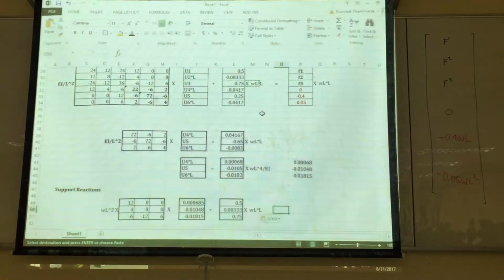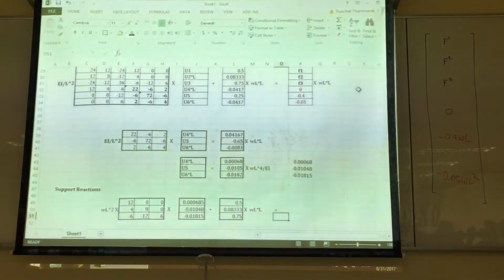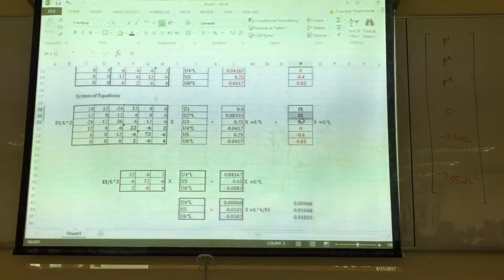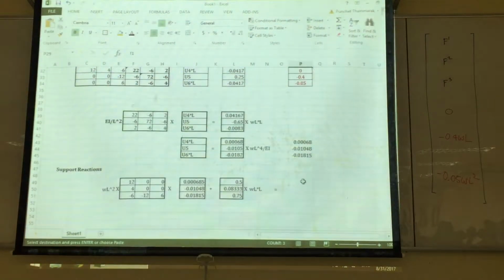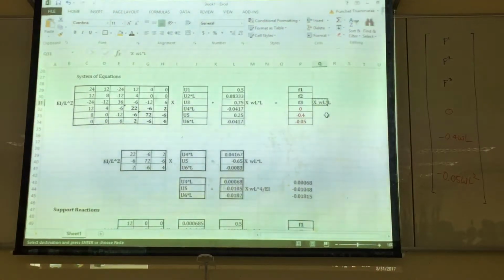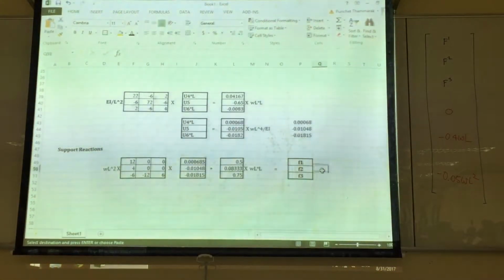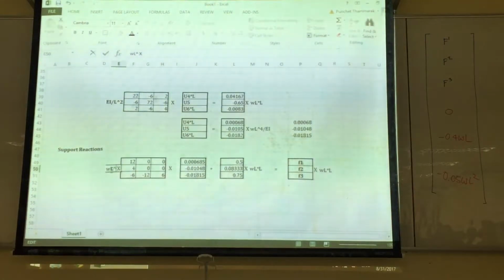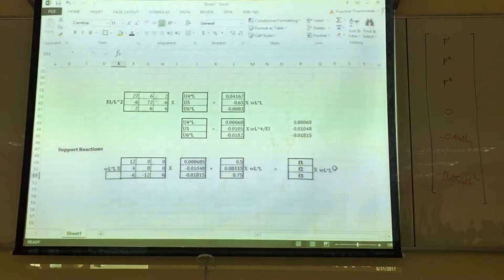Okay, equals to F1, F2, F3. F1, F2, F3 will be just a number. So this is the scale of the number. If you want, you can clear this out: WL squared, WL squared, WL squared. So you get just the coefficients.